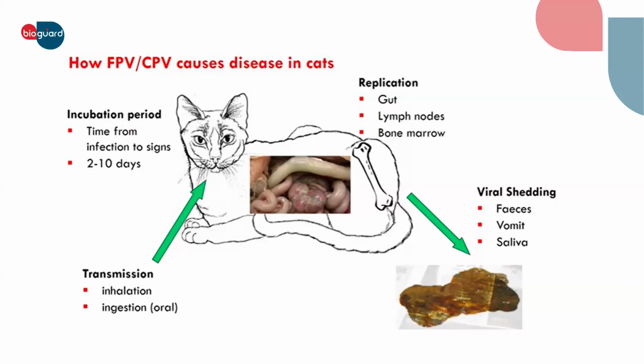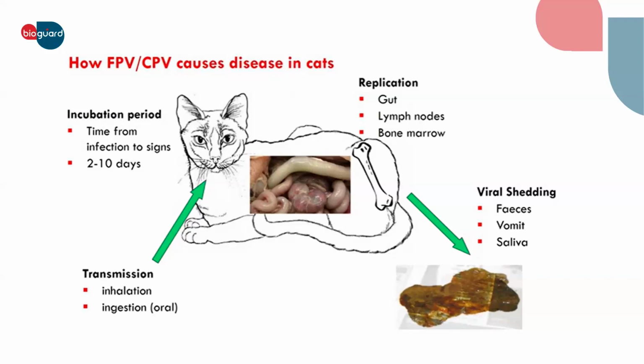Once the virus gets into the cat's body, the incubation period may take 2 to 10 days, depending on the cat's immunity and the amount of virus taken into the body. Sometimes even the virus strain may cause a difference.